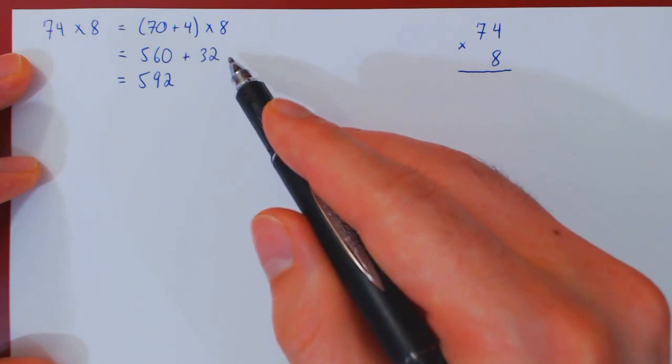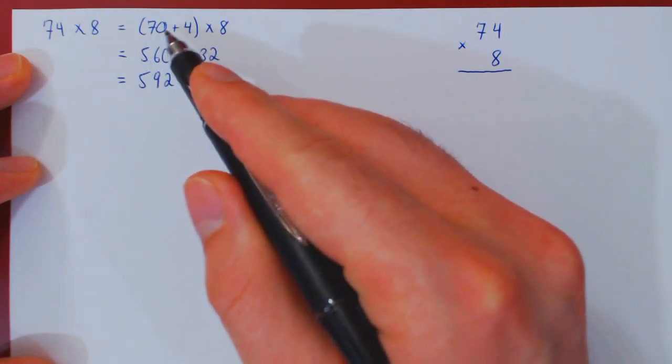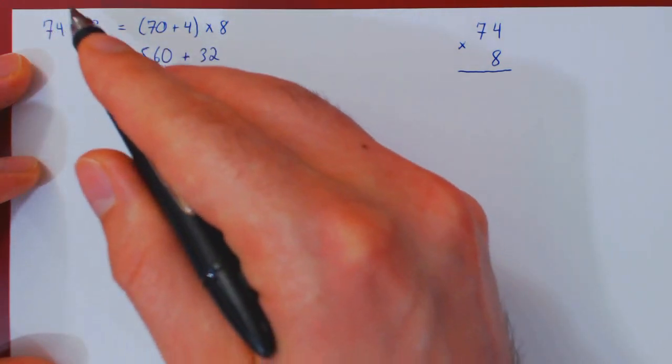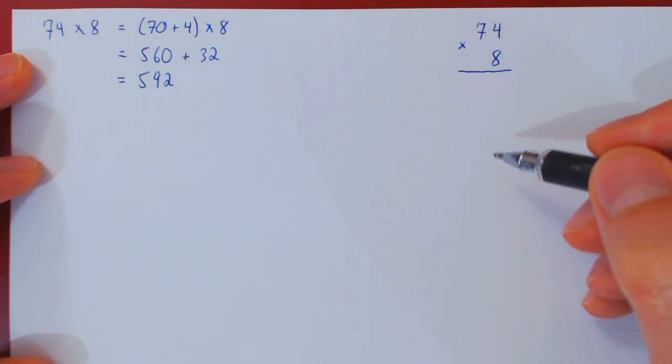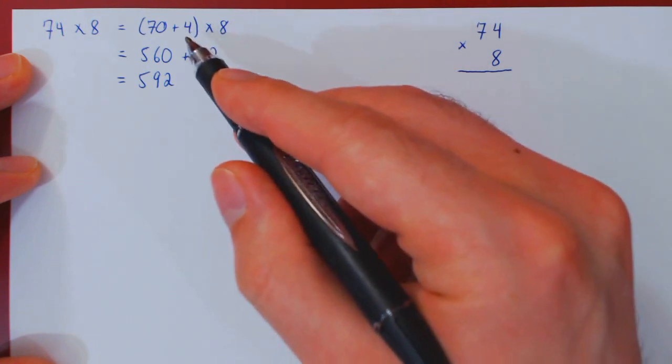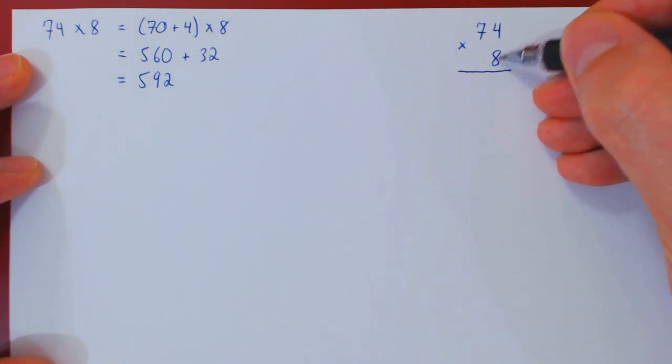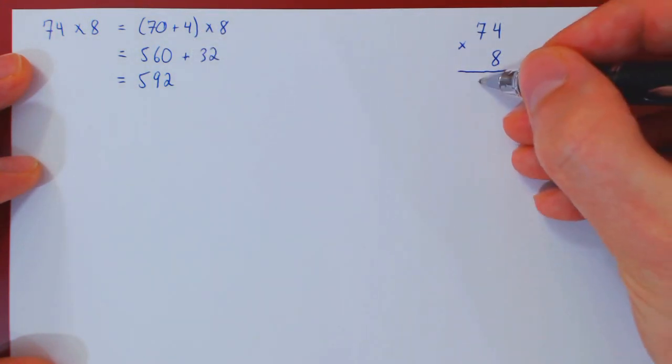Exactly like this, but we're not going to write out 70 plus 4 for 74. We will leave 74 intact as just one integer. So if you look here, we have 4 times 8. Well, 8 times 4 now gives you 32.